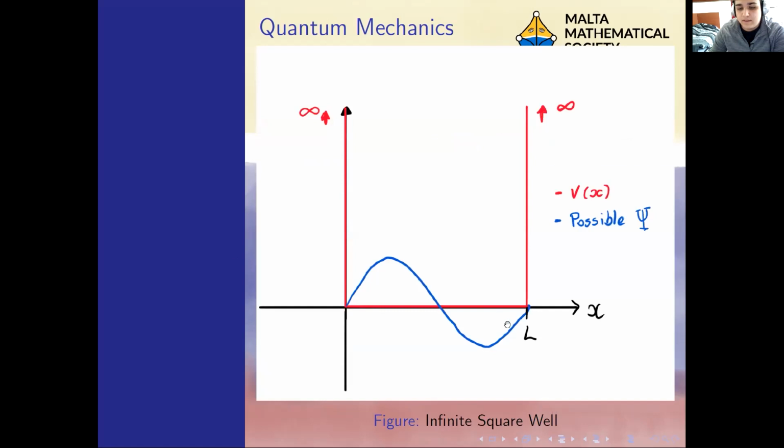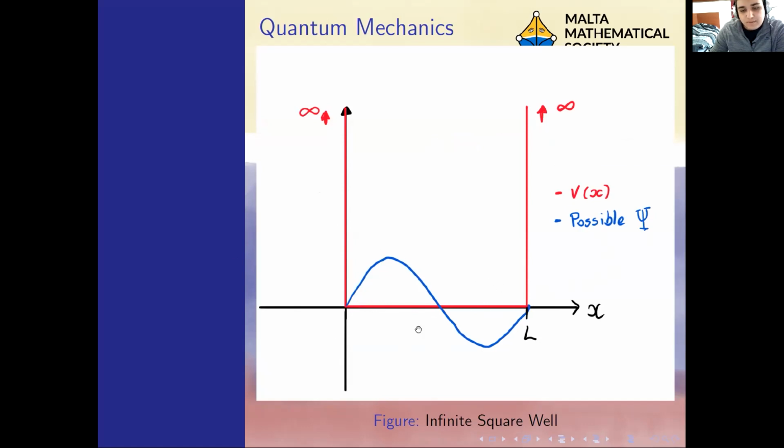So the infinite square well: here the potential is infinite at the edges, so a particle cannot exist beyond the edges, but it is 0 here, so it can exist anywhere in between. A possible solution here would just be the standing wave solutions.